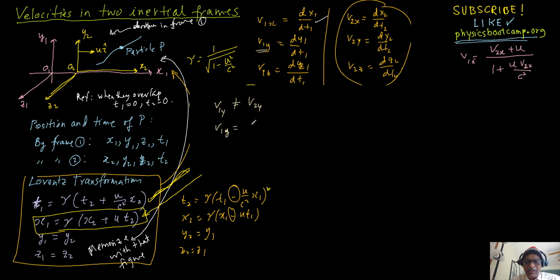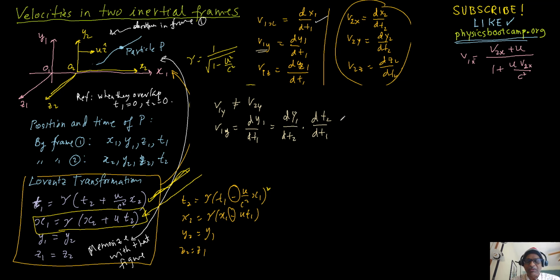v1y is equal to dy1 dt1. Because this I want, and this guy is with a very different time. So we'll have a dy1 dt2, dt2 dt1. So y1 is y2.